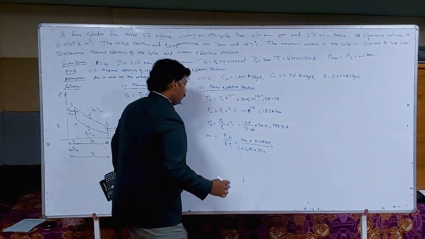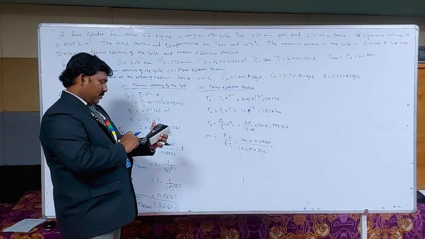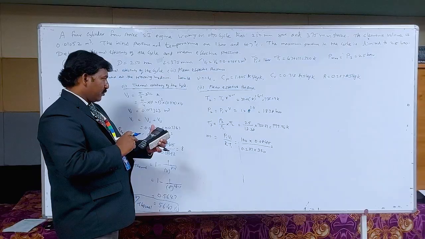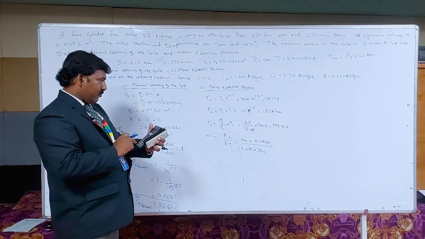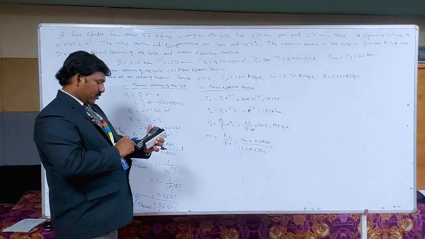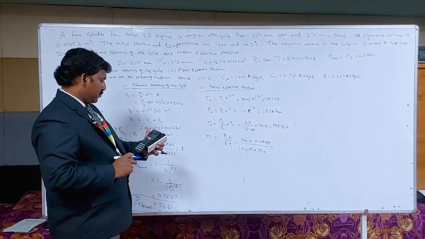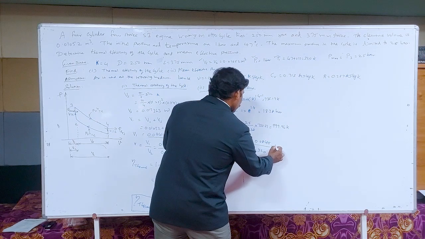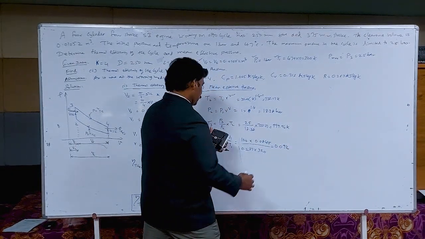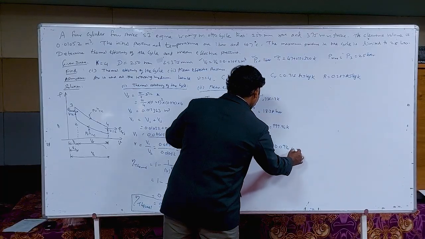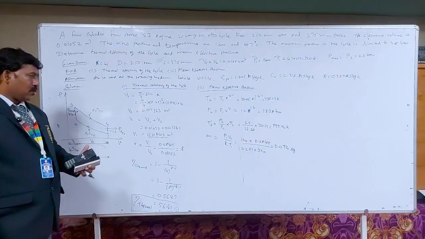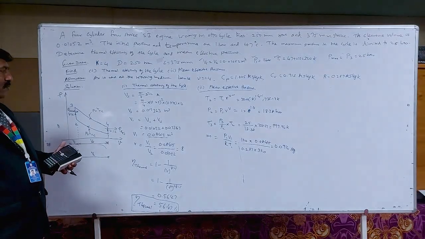If you calculate, 100 into 0.08415 divided by 0.287 and divided by 320, you get 0.0916 kilogram of air for mass.